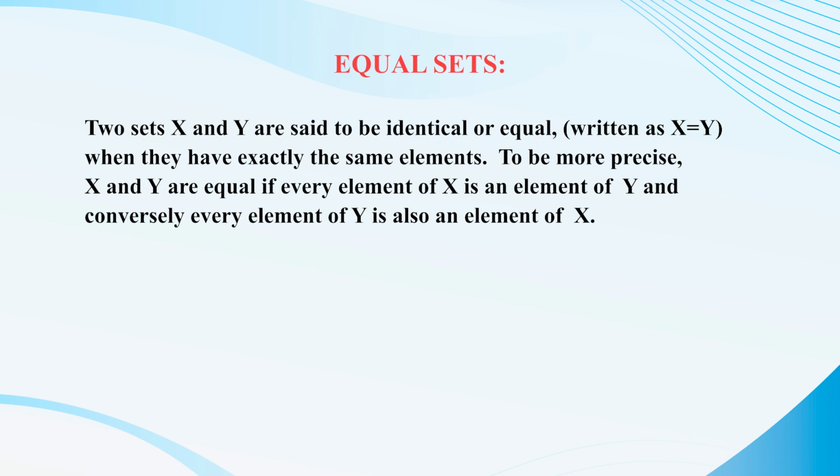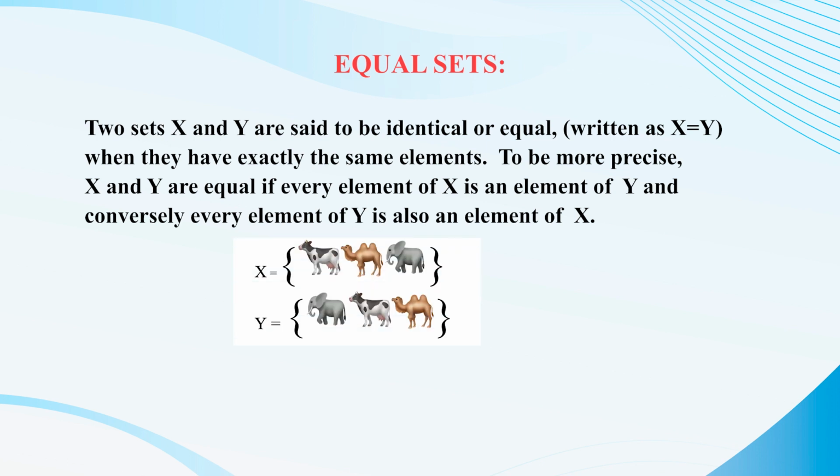To be more precise, X and Y are equal if every element of X is an element of Y, and conversely, every element of Y is also an element of X. From the picture on your screen, you can easily see elements of X are exactly the same elements as of Y. So, these sets X and Y are equal sets.